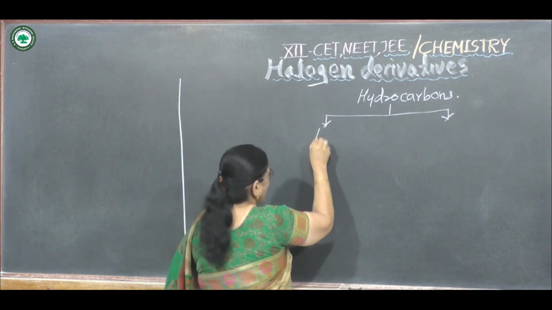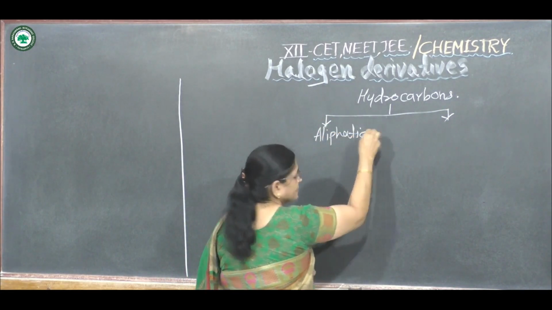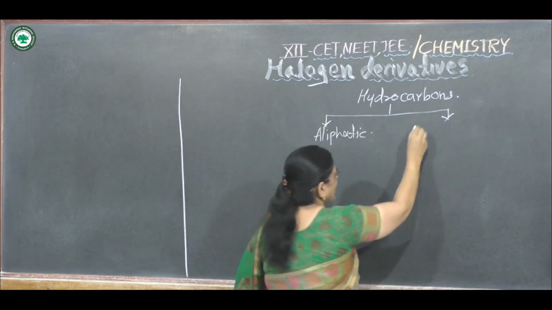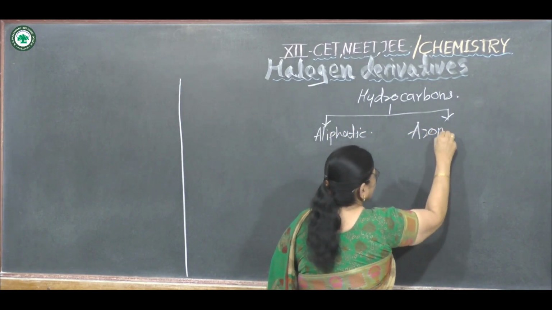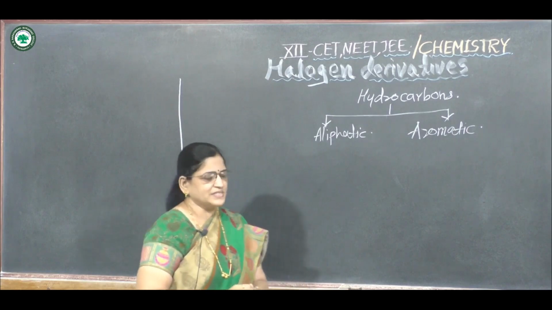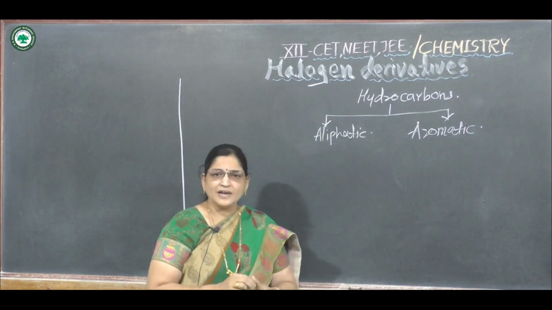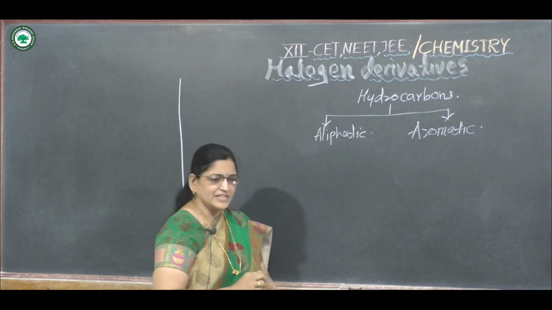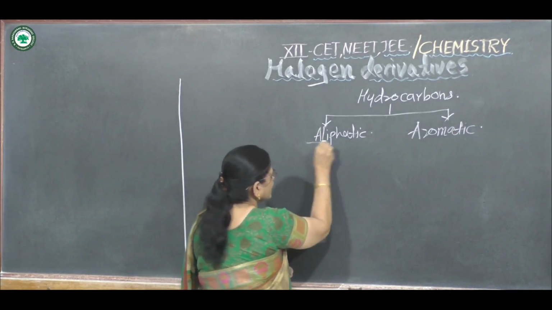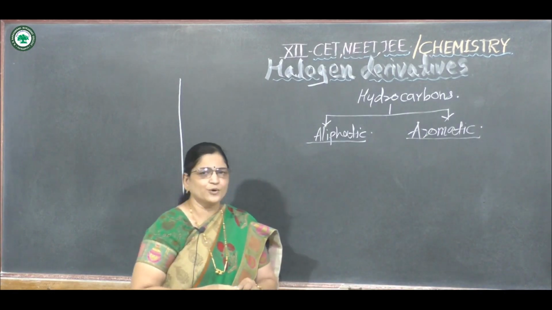First one, aliphatic hydrocarbons, and second one, aromatic hydrocarbons. Then halogen derivatives are the compounds of halogens which are derived from aliphatic hydrocarbons and aromatic hydrocarbons.